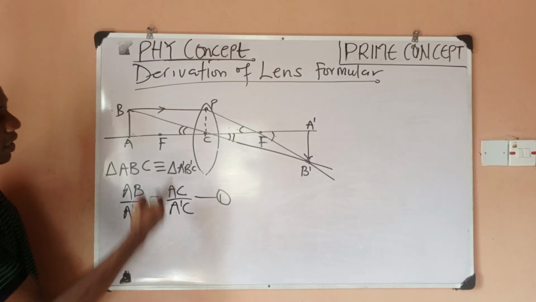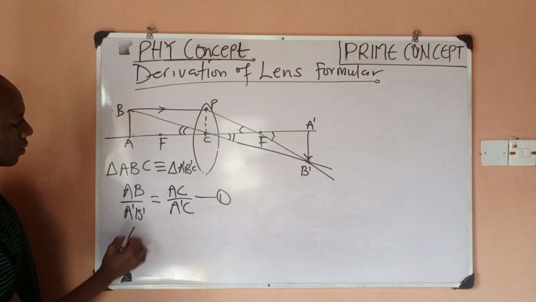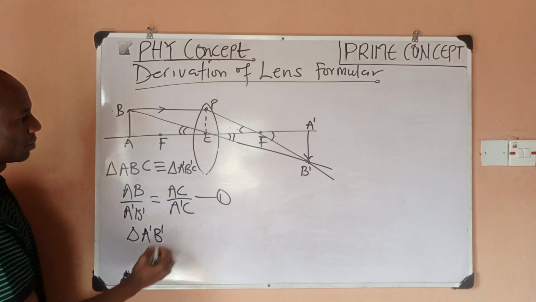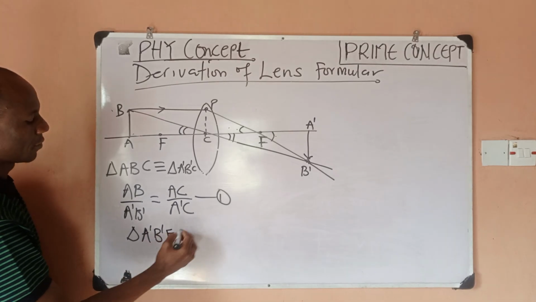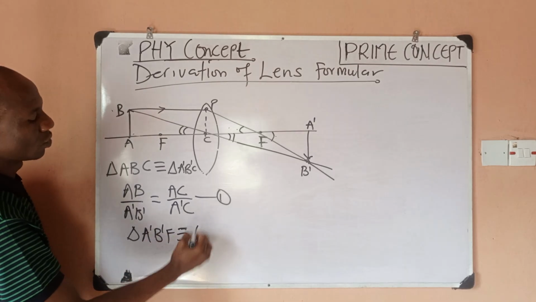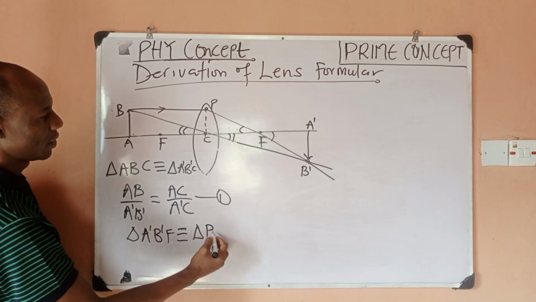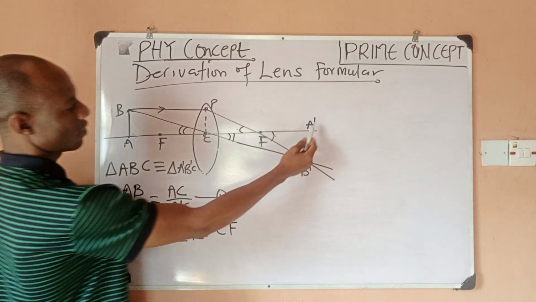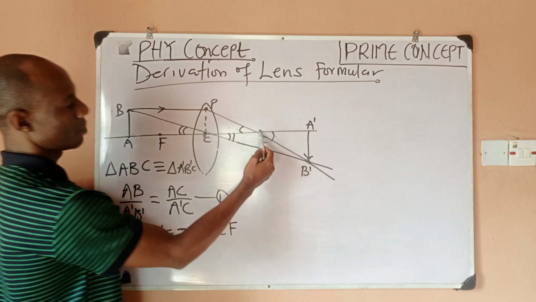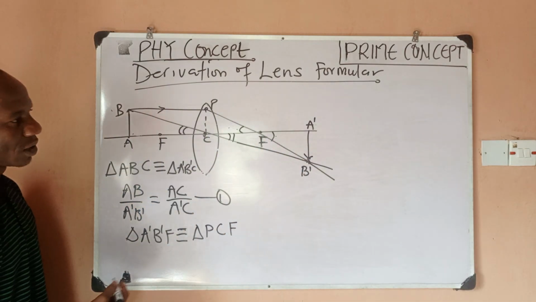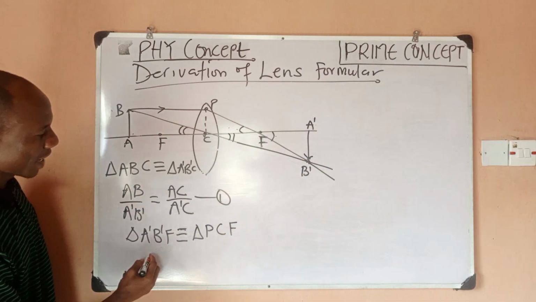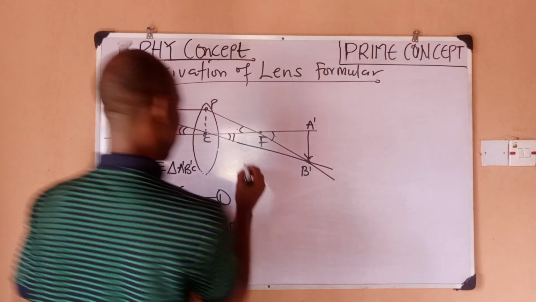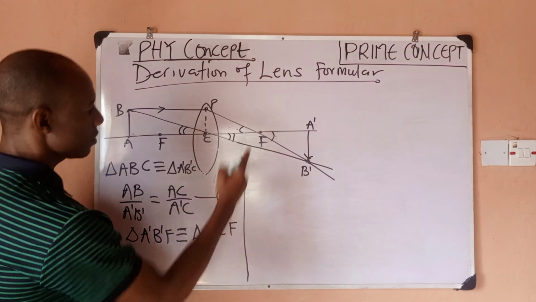Now if I consider triangle A prime B prime F, which is similar to triangle PCF, we would also arrive at a relation comparing their sides.